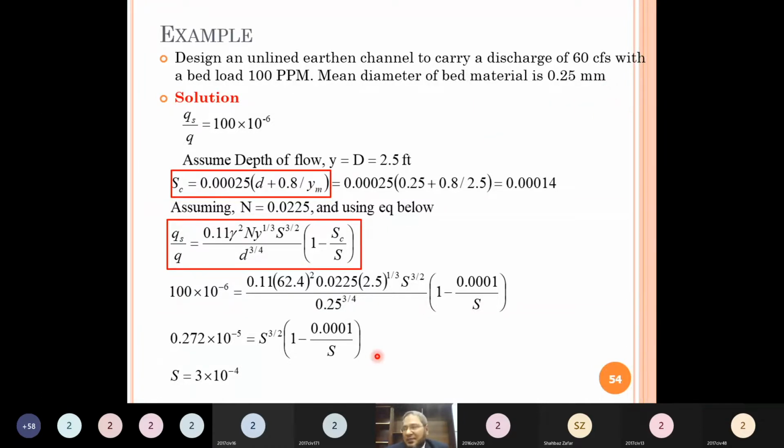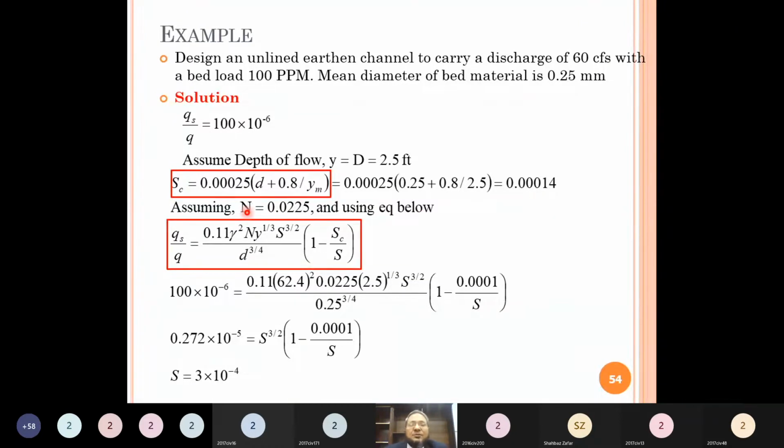Now how do we have to solve it? By using the rational method and the bed load equation, Du Boys'. The first step is we have to assume a certain depth of flow. Let's say D we are assuming as 2.5 feet. Then compute the critical slope by using Straub's equation, putting values, you will get the critical slope, 0.00014.